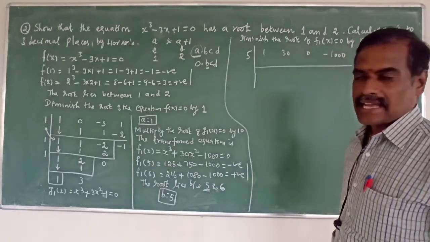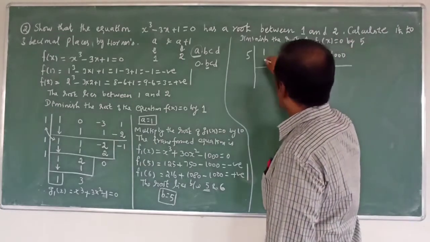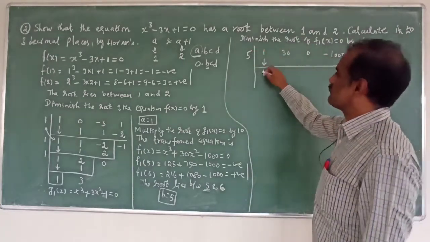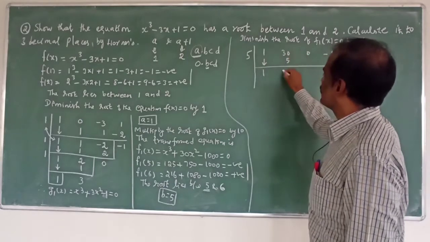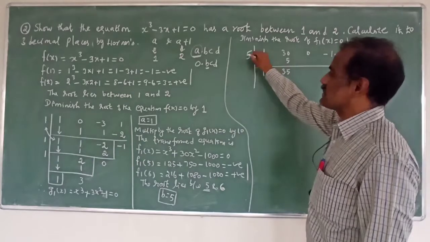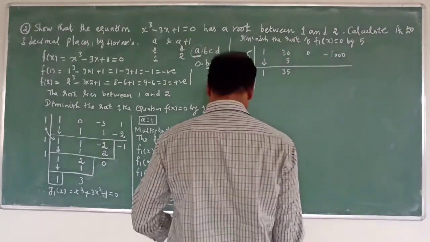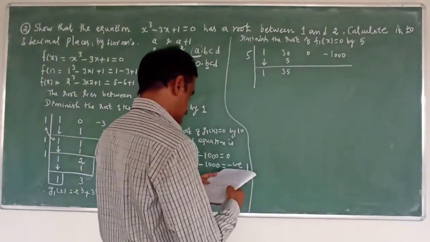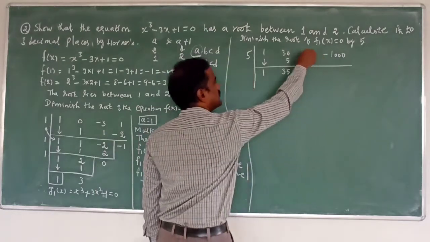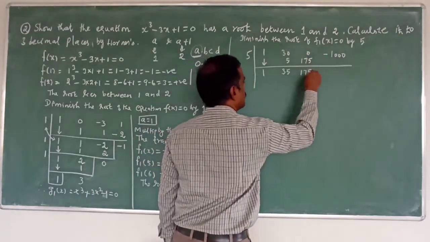In the synthetic method, we always have to take the root value. 1 as it is, and 1 multiplied with 5, that 5 we can add here. Now add these two values, 35. 35 multiplied with 5, we can get the result 175. And then add these two values, the result is 175.